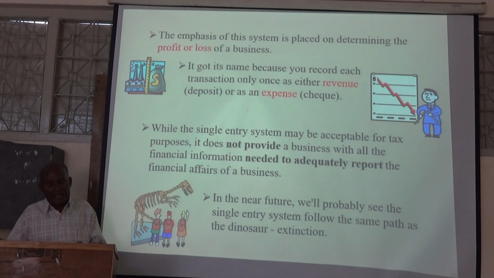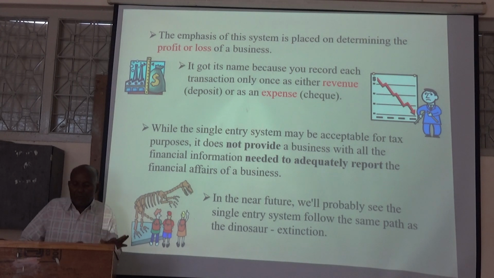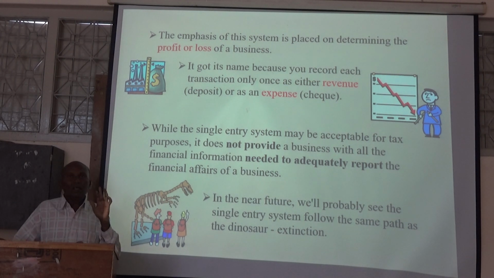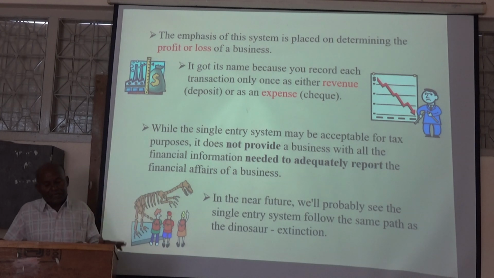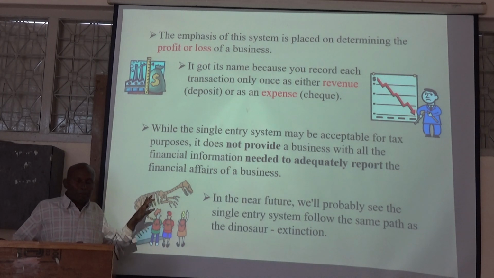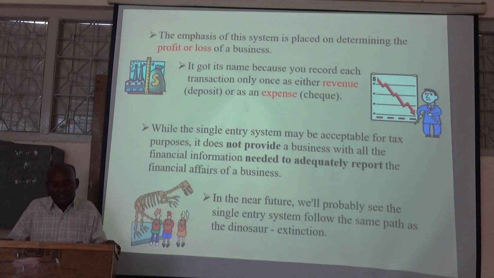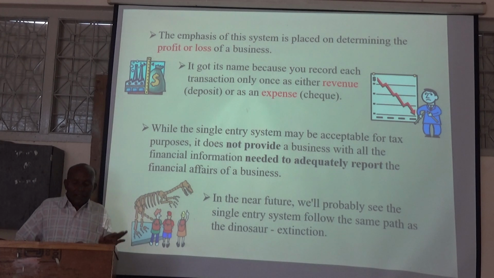Then the last step is to prepare a revised statement of affairs on the last day of the business or financial year. Liabilities and assets are recorded.